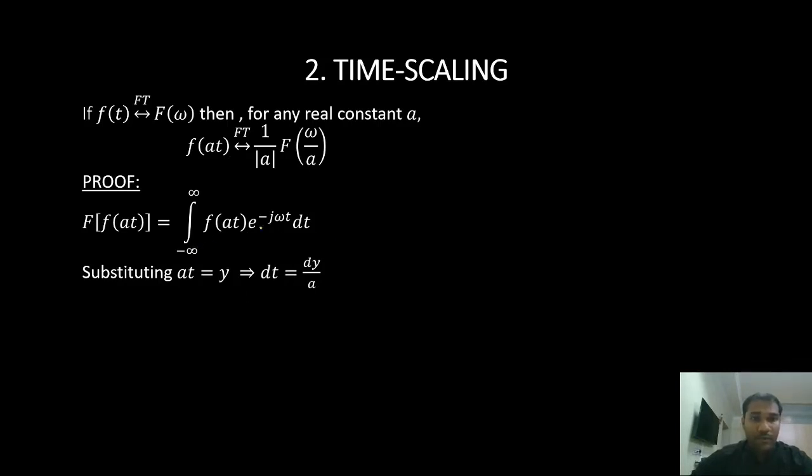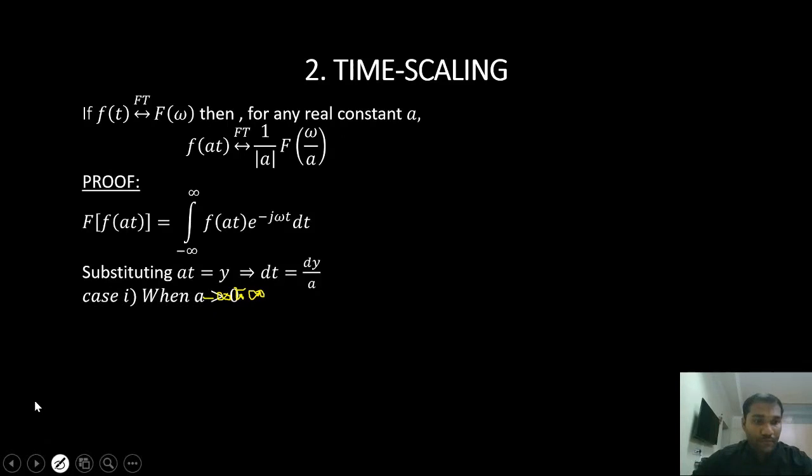Here t is from minus infinity to infinity. If I substitute t equal to minus infinity, y will also be minus infinity. If t is plus infinity, y is plus infinity. So the y limits are also from minus infinity to plus infinity.